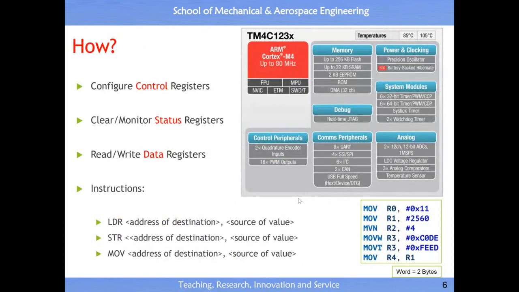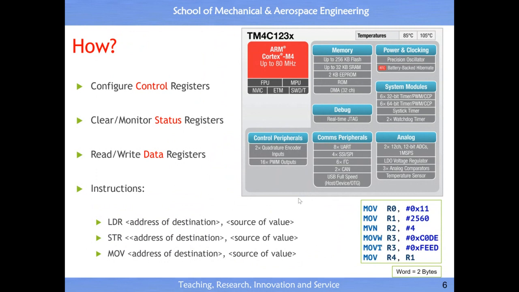Question number 4 is, what is the methodology for you to follow in order to become a good programmer of a microcontroller? So this slide basically shows you the answer. As a programmer of a microcontroller, you must focus on the use of registers.